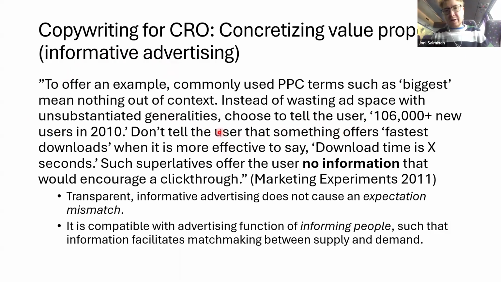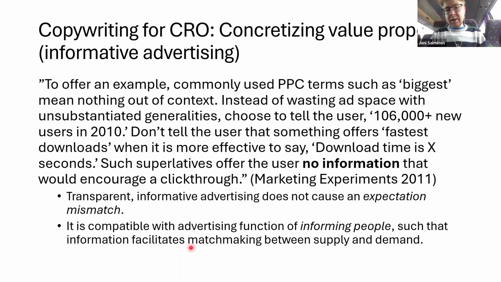And this is a recommendation from this Marketing Experiments consultancy that's focused on conversion optimization, but it also is consistent with a principle from the theory of advertising, which is that transparent and informative advertising is good because, again, it aligns the expectations. So the idea of this approach is not to oversell, but to sell what is true and quantify it and be specific about those benefits so that people can make informed decisions.